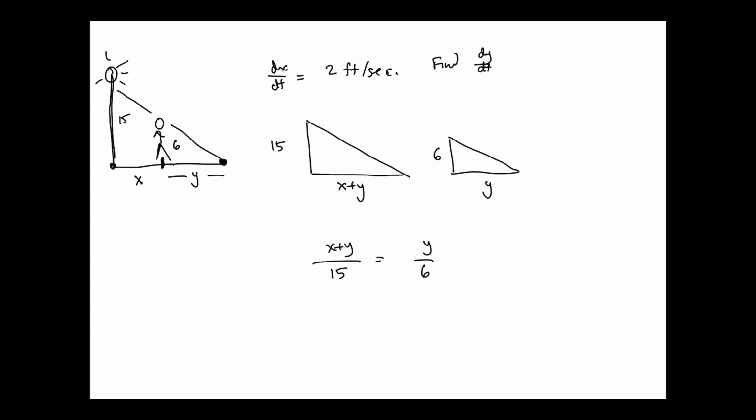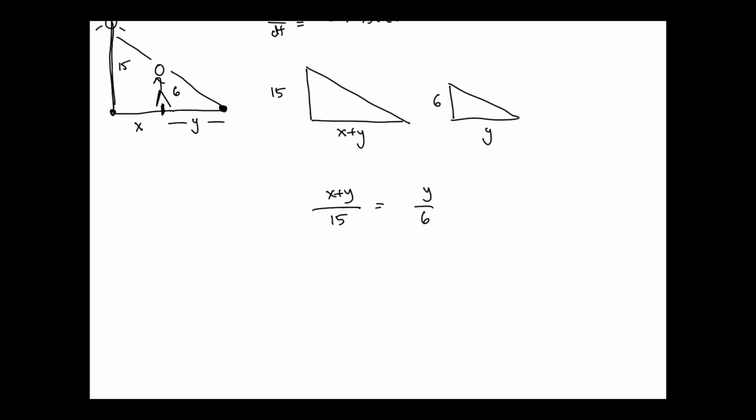All right, so what do I need to do to this next? Yeah, we need to do some calculus. Let's take the derivative. So the derivative of this equation is (dx/dt plus dy/dt) all over 15 equals (dy/dt) all over 6.